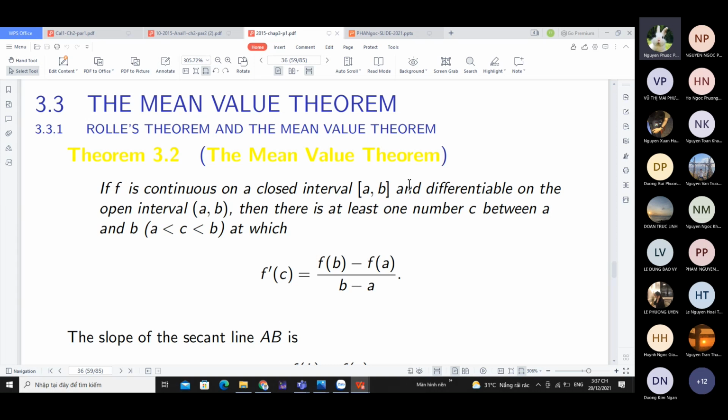You remember the quotient (f(b) minus f(a)) over (b minus a)?